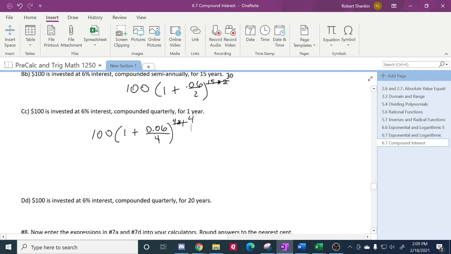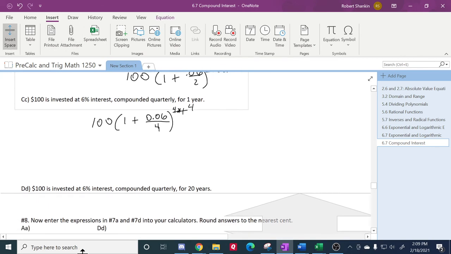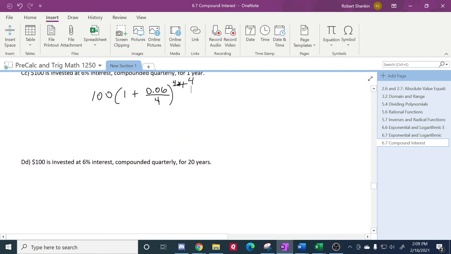Okay, let's go to the next one. $100 invested at 6% interest, compounded quarterly for 20 years. I'm going to give you a brief 30 seconds, and then I'm going to put the answer up.